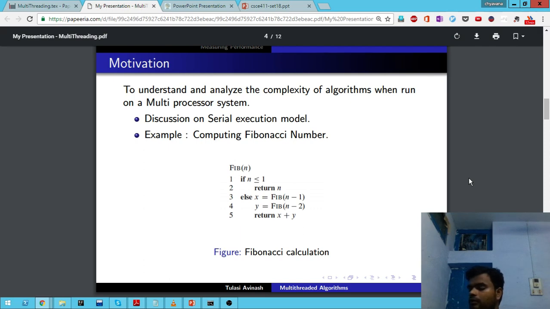Now f of 3 returns a value, which I think is 4. No, yeah, I think it is 3. And now f of 4 calls f of 2. And then f of 2 calls f of 1. f of 1 returns 1. And then it calls f of 0. f of 0 returns 1. And all of this in the last statements.